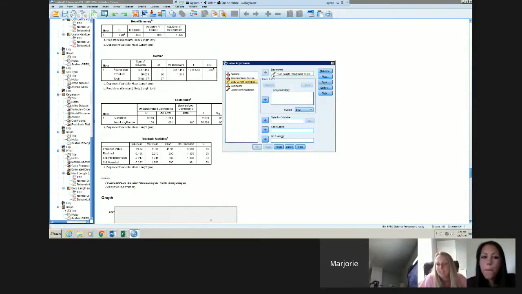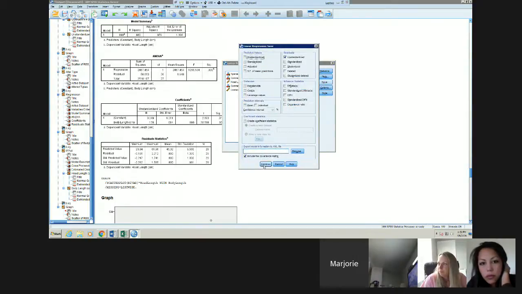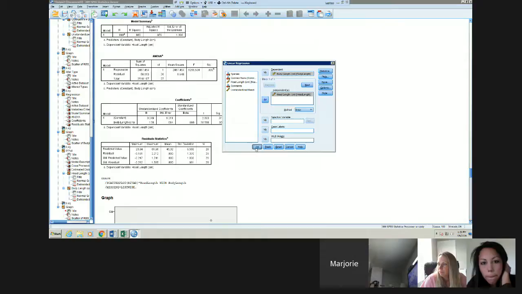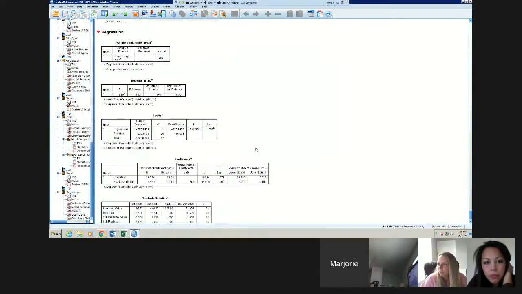Okay, so head length was used to predict body length. So we need to find body, like the body length is what we're trying to predict. Yeah. Because if the body is what we're supposed to predict, then this is correct, right? Okay, everything else should be as is. So everything should change from there.